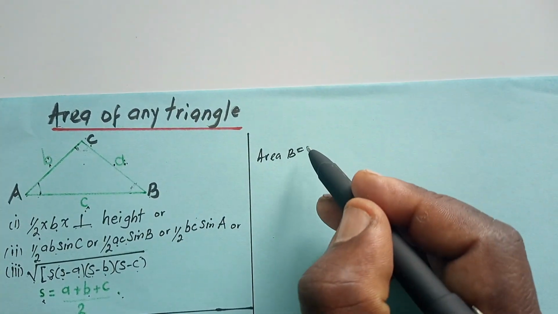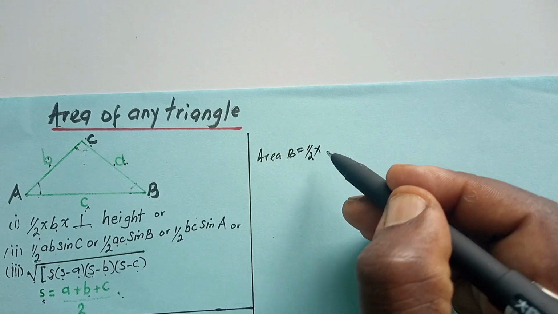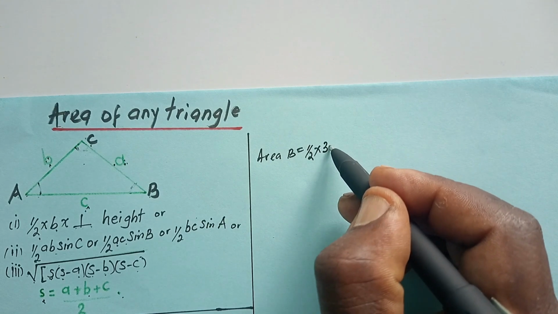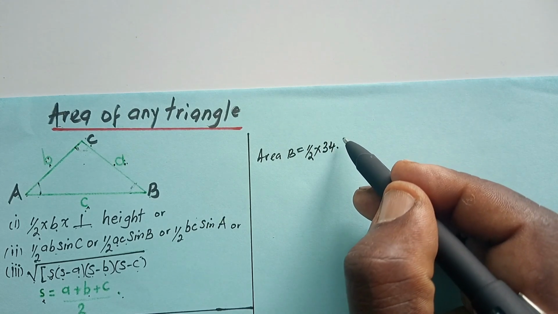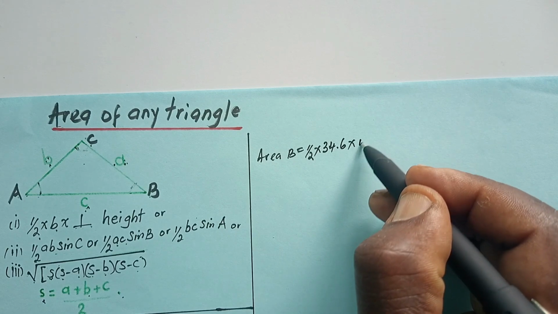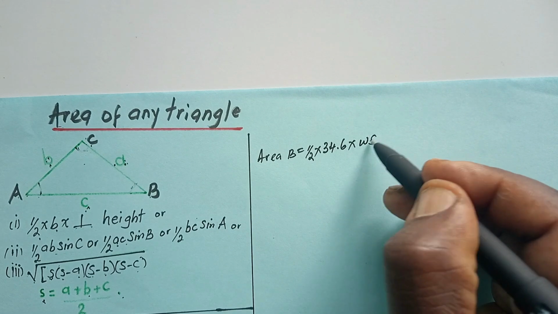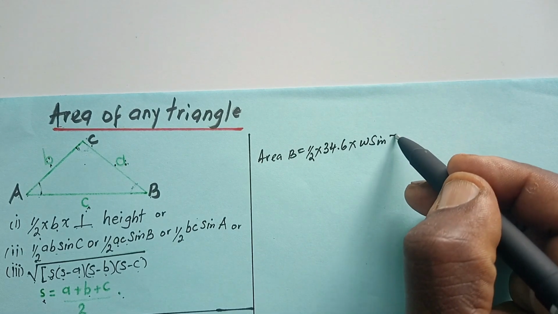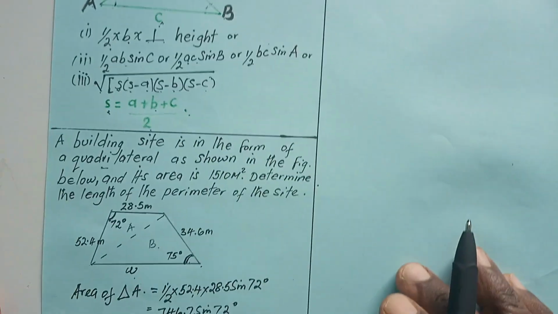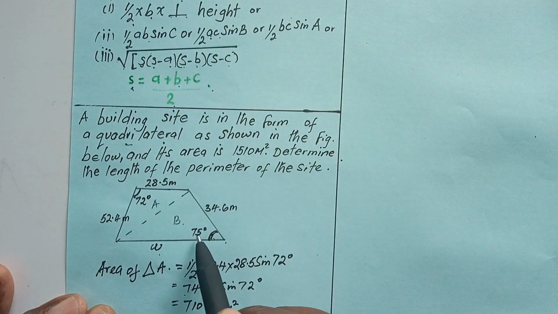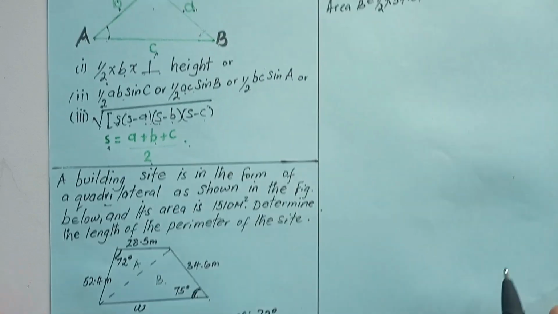Area is equal to a half multiplied by 34.6 multiplied by W, the included angle is sine 75 degrees. From here, 75 is here, this length and this length.